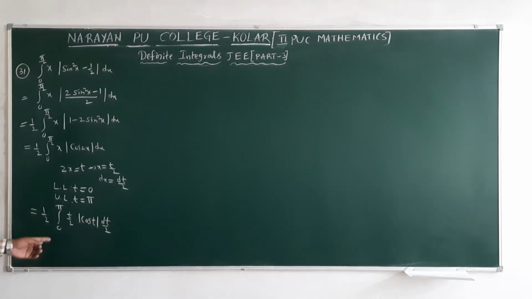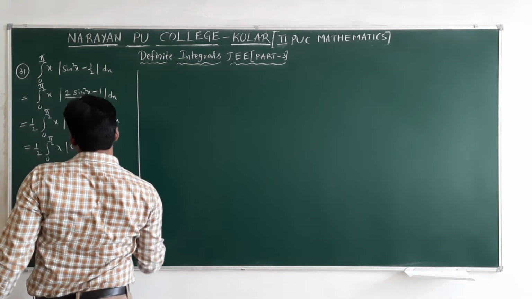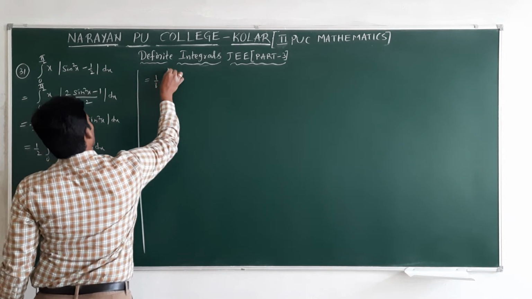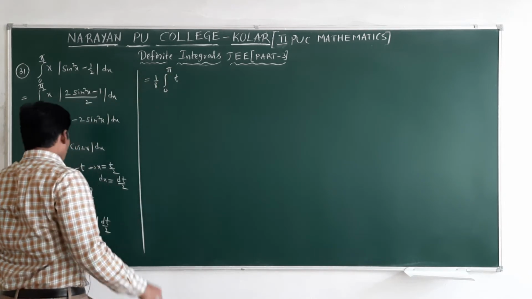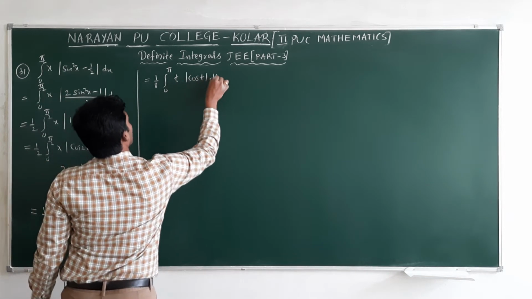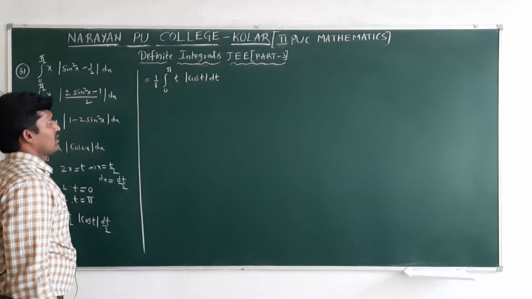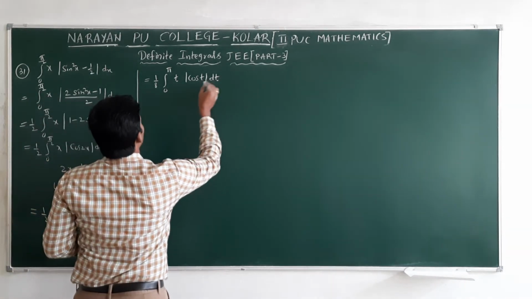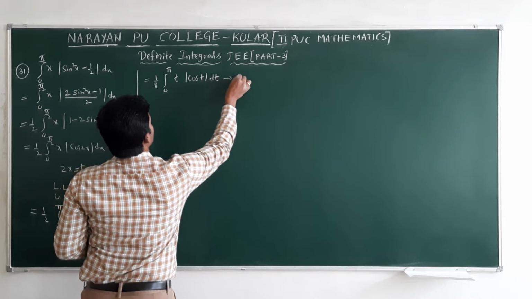Total how many 2 values are there here? 2, 2, 2. Total 8 we will get. 1 by 8 into integral 0 to pi of t into modulus of cos t dt. Now I will apply a property. This is considered as equation number 1.